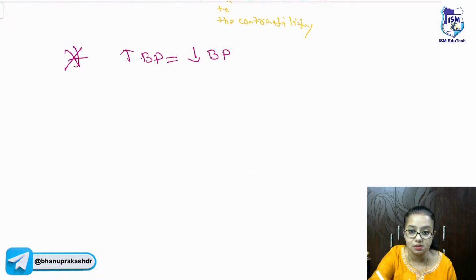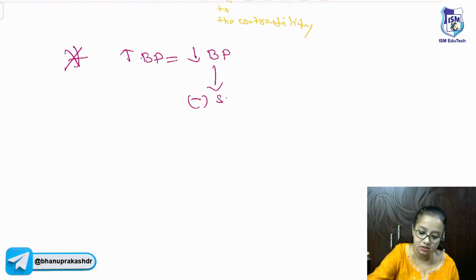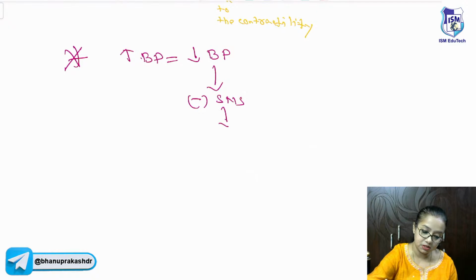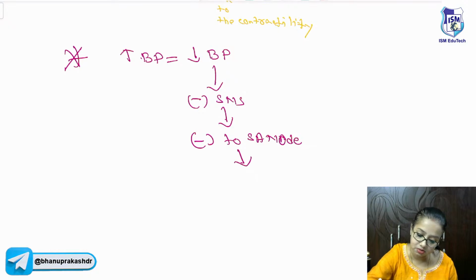So, decrease in the blood pressure means what? Inhibition to the sympathetic nervous system. Okay, that means only if the sympathetic nervous system is inhibited, then there will be decrease in the blood pressure. Now, inhibition of the sympathetic nervous system means what? Inhibition to the SA node. Inhibition to the SA node means what? Decrease in the heart rate.